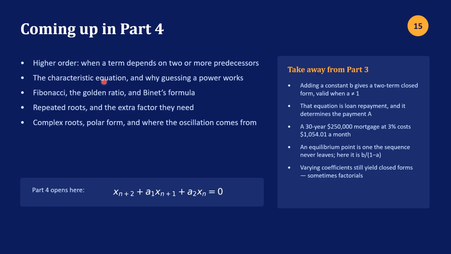We'll talk about the characteristic equation and why guessing a power works. We'll talk about the Fibonacci sequence, the golden ratio, and Binet's formula. We'll talk about repeated roots, that's related to this equation here, and the exact factor they need. And then it's also possible that this characteristic equation can have complex roots, so we'll deal with that case too.